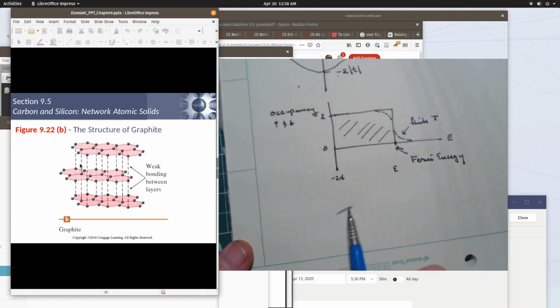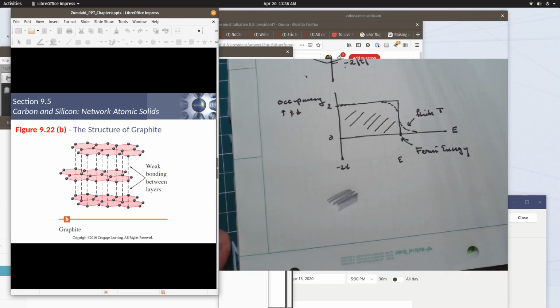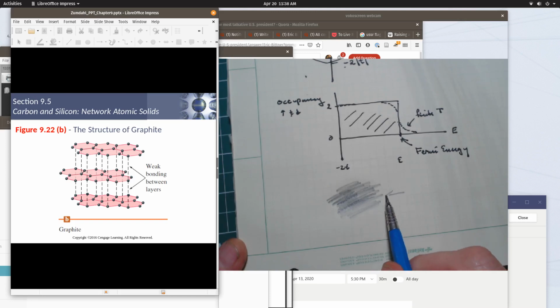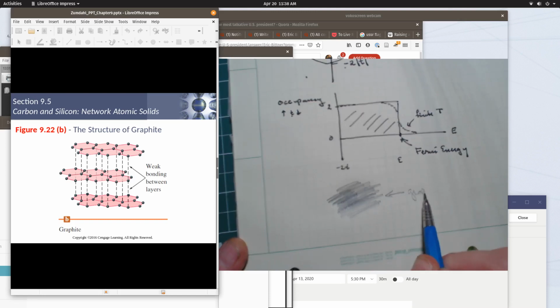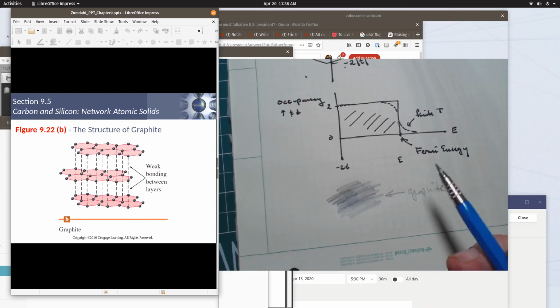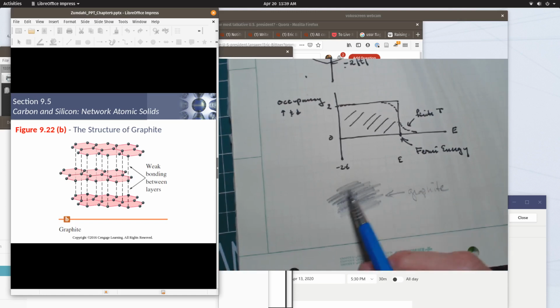So my pencil is graphite. You can see this sort of gray. Maybe you can see the shine. And what pencil lead is, is basically graphite that's been mixed with clay or some sort of binding agent.